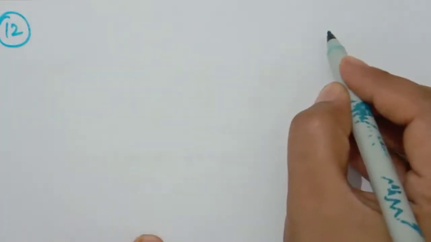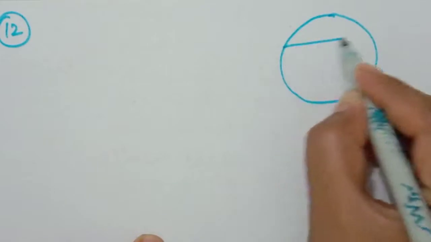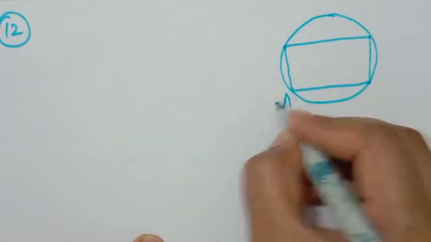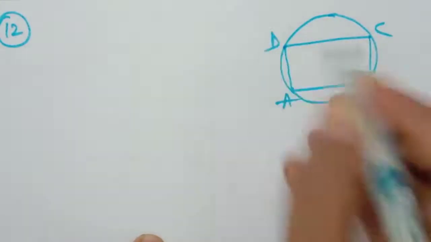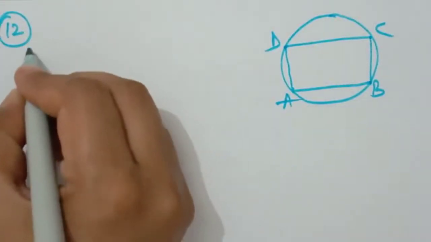Question number 12. Prove that a cyclic parallelogram is a rectangle. We have to draw a circle first. ABCD, this is a cyclic parallelogram. It is given. So what is given?